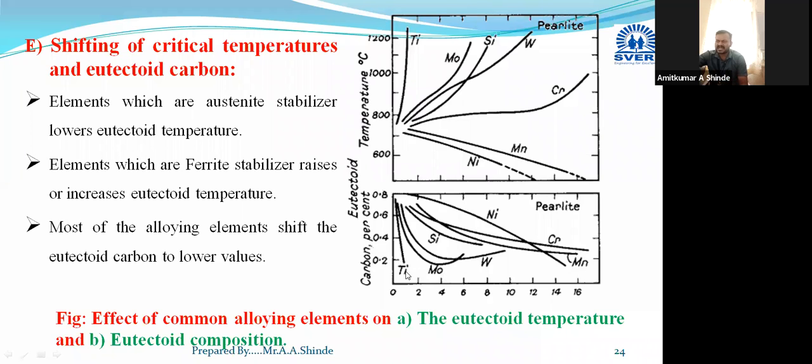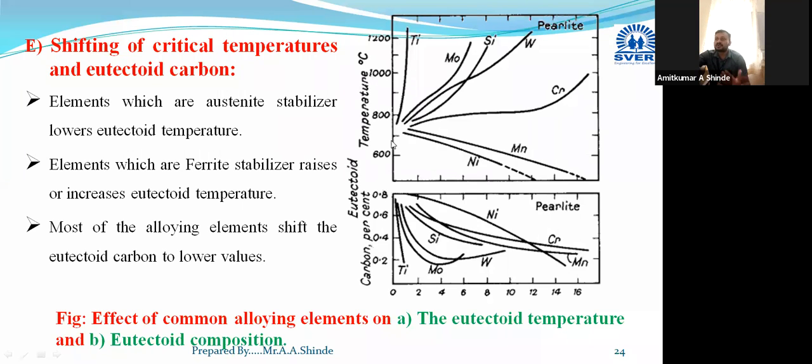With a small amount of titanium, your eutectoid composition will fall up to 0.2% carbon. Okay, with a small amount of molybdenum, sorry, with 3.5 to 4% molybdenum, the eutectoid composition will decrease up to 0.2% carbon. The generalized statement you have to remember: whenever any alloying element is added, generally it will decrease the eutectoid composition.